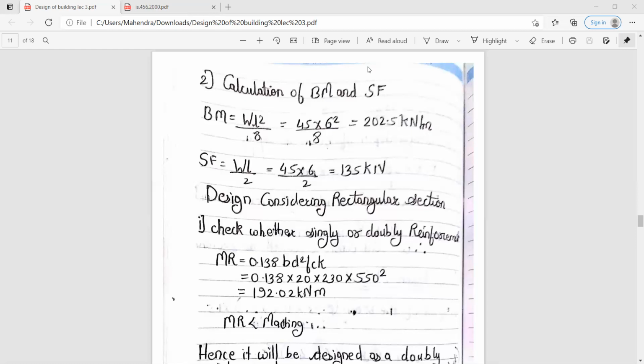Yes, done with the bending moment and shear force. Should I proceed further? Shear force bending moment मिल गया सबको? Had you got the values for bending moment and shear force?